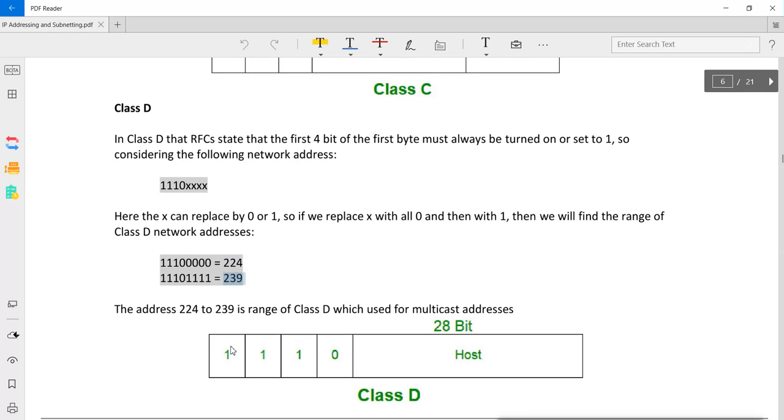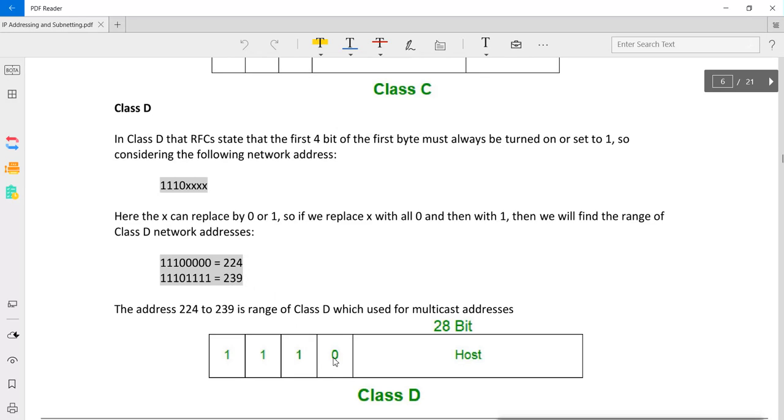Now it is saying the first 4 bits are like this: the first 3 will be set to on, and the fourth one will always be 0. Now why is that? Because you know the first one is 128, then 64, and then 32. If you disable any of these bits, you will never reach 224, and you cannot enable this one.